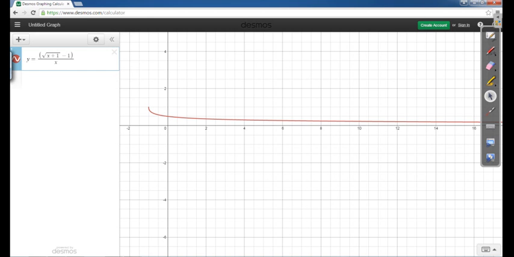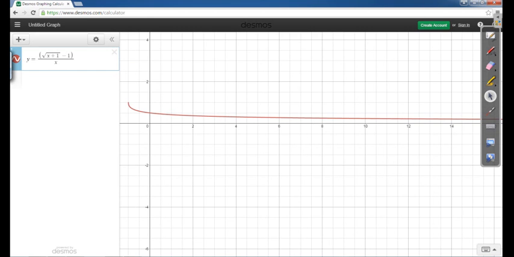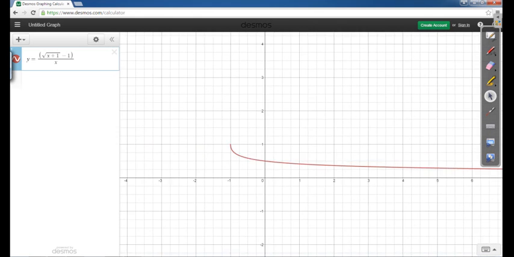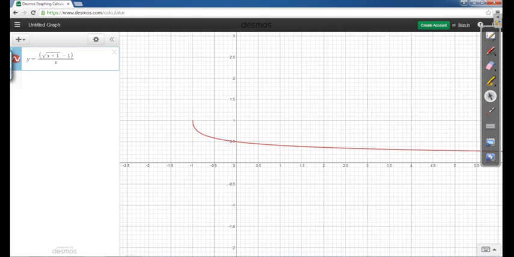So let's see what happens. I'm going to amplify this a little bit. As x approaches 0, I move my function right here, and as x approaches 0, I should see a hole. And it's right there.